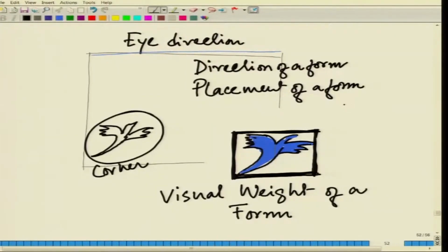We can take example of another form on a space that may have a larger visual weight.